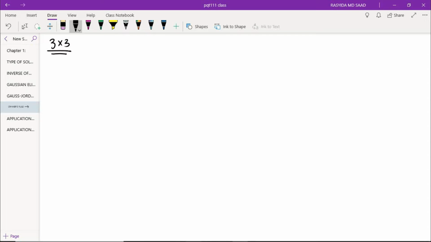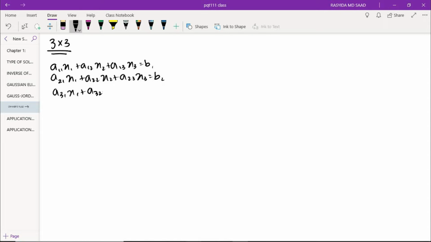If we give you a linear equation, a11 x1 plus a12 x2 plus a13 x3 equals b1, a21 x1 plus a22 x2 plus a23 x3 equals b2, and then a31 x1 plus a32 x2 plus a33 x3, which is equal to b3.